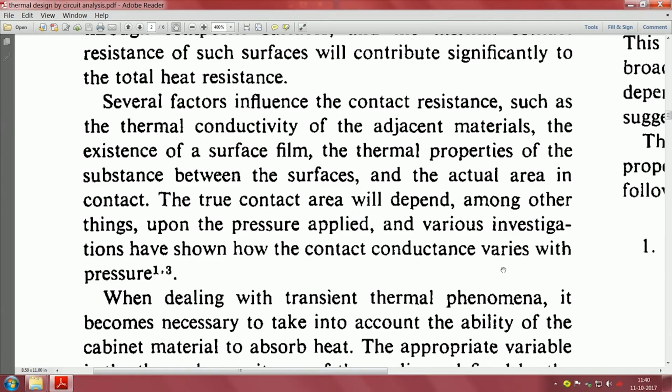A lot depends on the contact resistance, which in turn depends on the pressure. And that is what I was talking to you about, how well you can clamp the thing. And if you use too much pressure, chances are one of the plates will give, and that will create a problem.